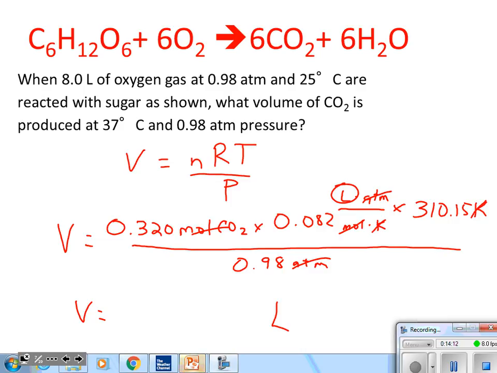I look back, I'm going to have 2 significant figures. So when I do my math, I forgot to put that 821 in there.